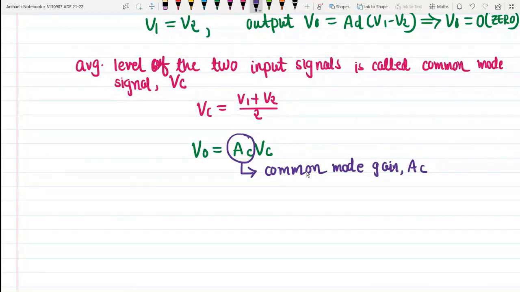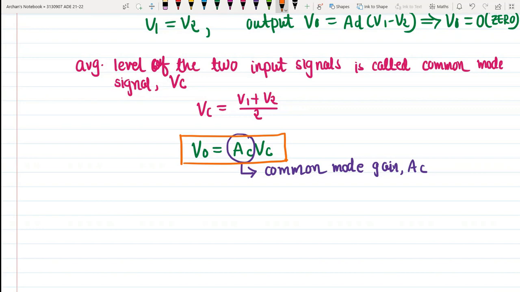And this is the reason why we have this equation of output voltage V0 equal to AC times Vc. Okay, so here you can say there exists some finite output for V1 equal to V2 due to such common mode gain AC in the case of a practical differential amplifier.